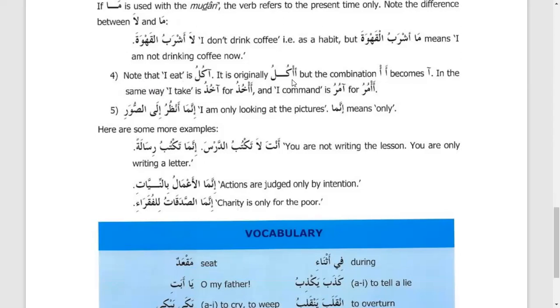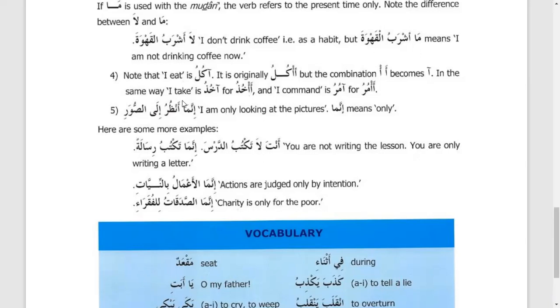Okay, now note that "I eat" is akulu. Originally, we know that when we say adhabu, we start with hamza maftuha, adhabu. Similarly, when you say akulu, we know that the root letters of akala are hamza, then kaf, then lam. So when we have hamza maftuha, and after that a hamza which is sakina, it changes into mad, and we say akulu.